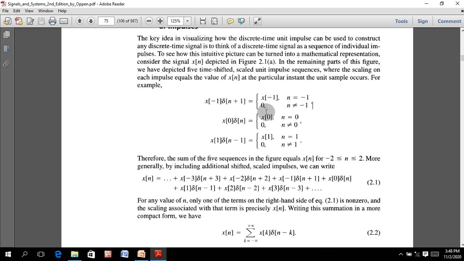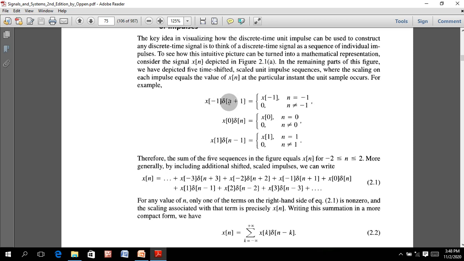Now suppose I put n equal to minus 1. When we put n equal to minus 1, what will happen? This x of minus 1 into del of n plus 1 will provide you the amplitude, and the same thing will happen in the case of n equal to 0 and n equal to 1. Because when we put n equal to minus 1, the impulse will provide us del of 0, and we already know that an impulse signal only provides a magnitude when n is equal to 0.